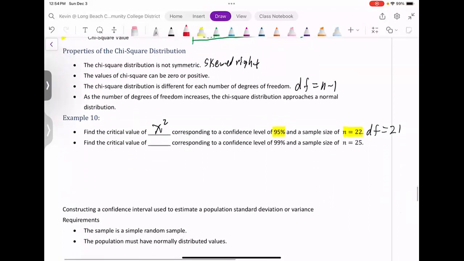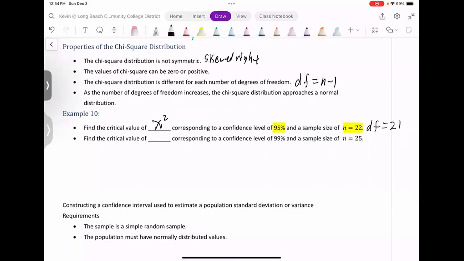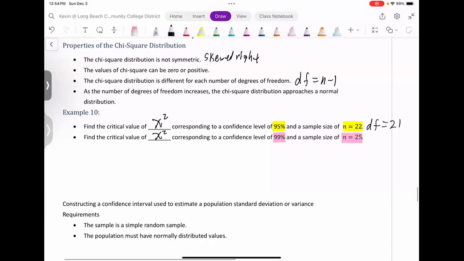All right, now we're going to find the chi-squared critical values. And now we're going to be dealing with 99%, with a sample size of 25, which means for us, our degrees of freedom is 24, n minus 1. So again, skewed right.